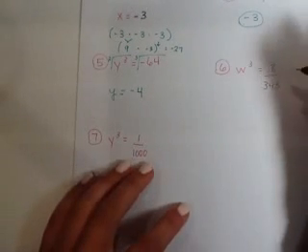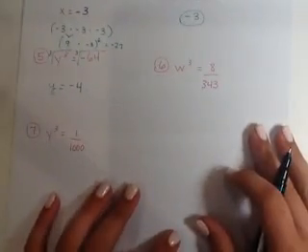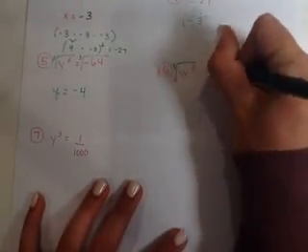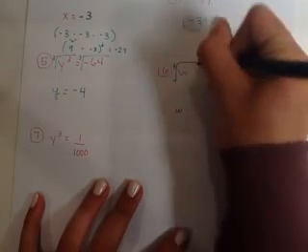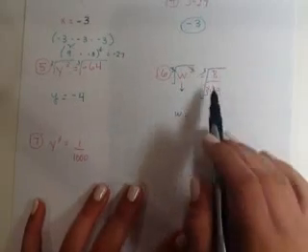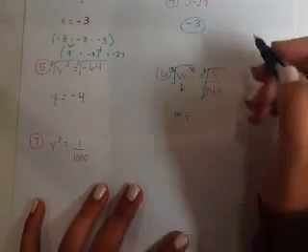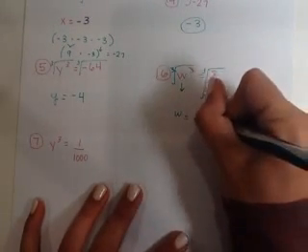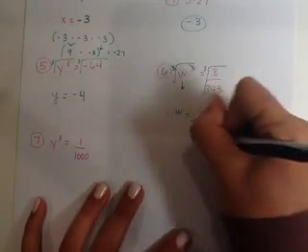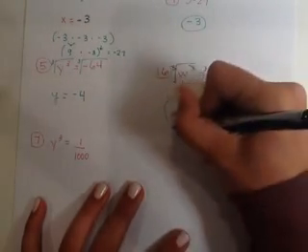Okay. On 6, the cube root of a fraction will be the same. You take the cube root, this cancels out. You just bring down the w. Take the cube root of the numerator, which will be 2, and the denominator, which will be 7. There will only be one answer.